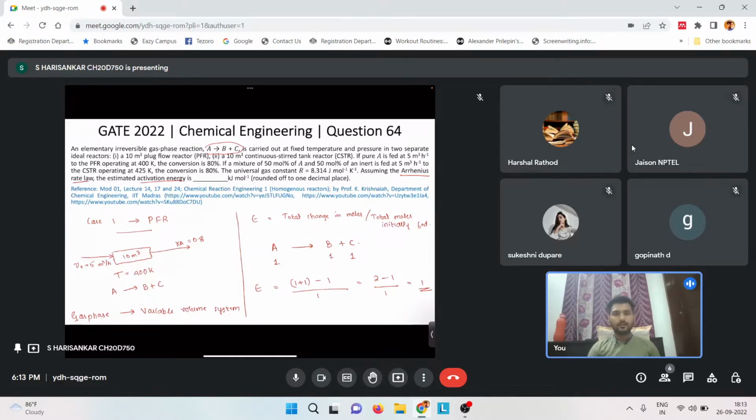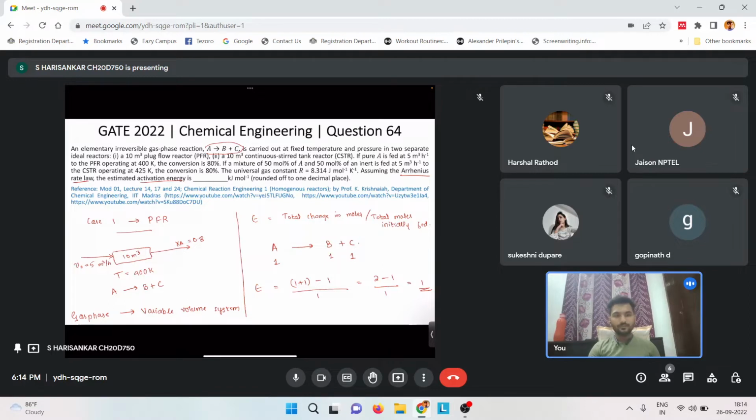If they have given two temperatures and they have asked you to calculate the activation energy, the first thing you need to see is whether you have the temperatures, and they have the temperature given here. The other thing you need to know is the rate constants, K1 and K2.